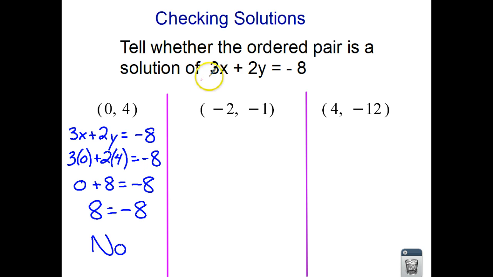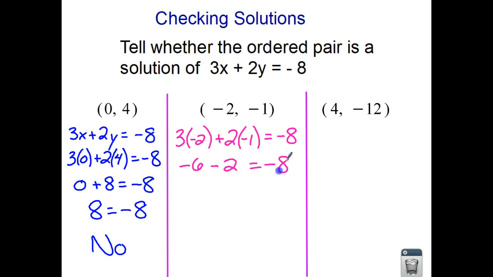So here we go, 3x. 3 times x plus 2 times y. Y is -1. Is that going to equal -8 after I do all of my math? So 3 times -2 is -6. Positive 2 times -1 is -2.